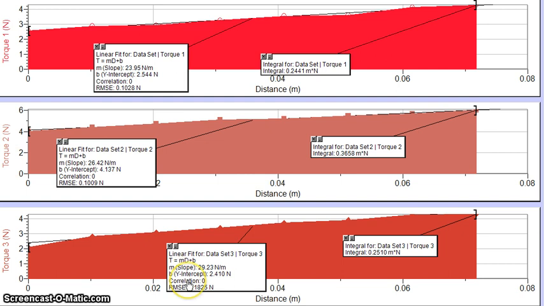For our third mousetrap car, our slope was 29.2 newtons per meter, which again means that for every meter, there was a force of 29.2 newtons exerted on the mousetrap car.